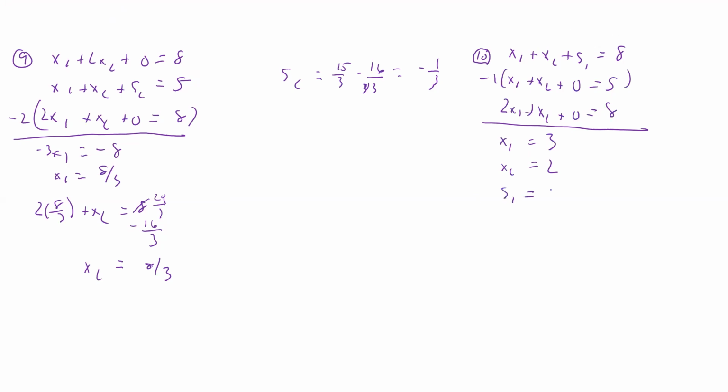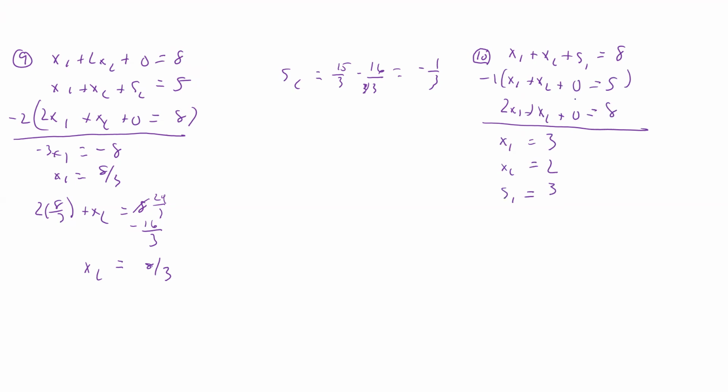So S1 equals, wait. Yeah, let's make sure I'm doing this right. x1 is 3 and x2 is 2, that's 5. This is going to be 3. Okay, I did that right?